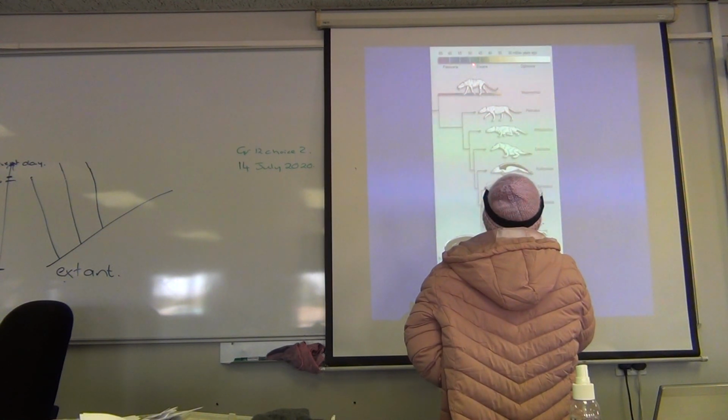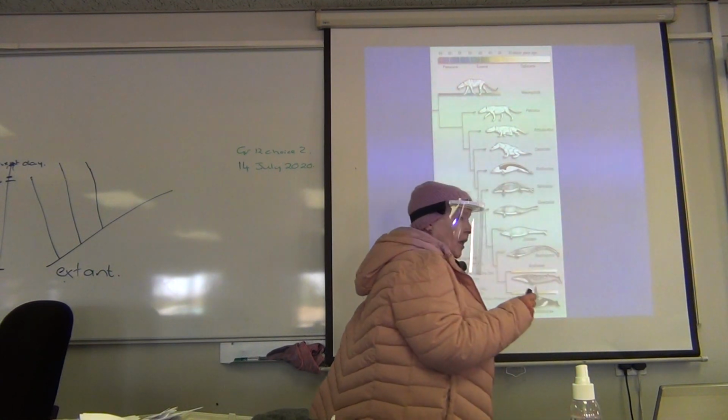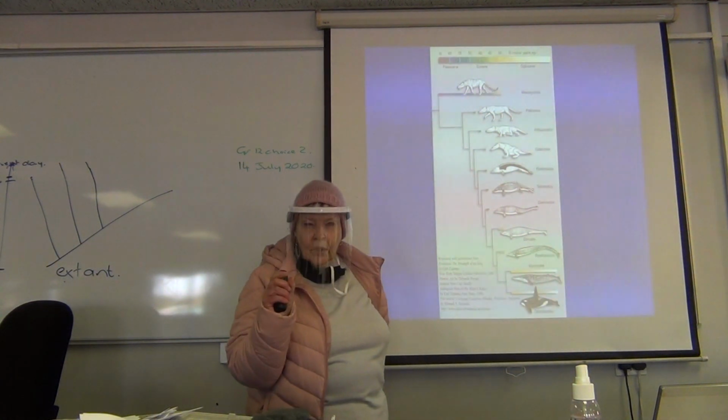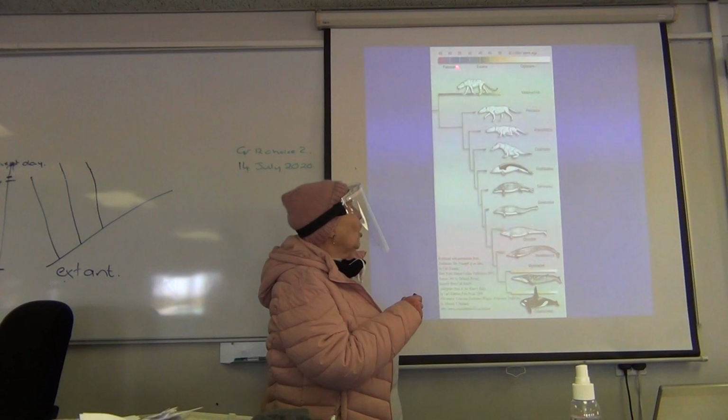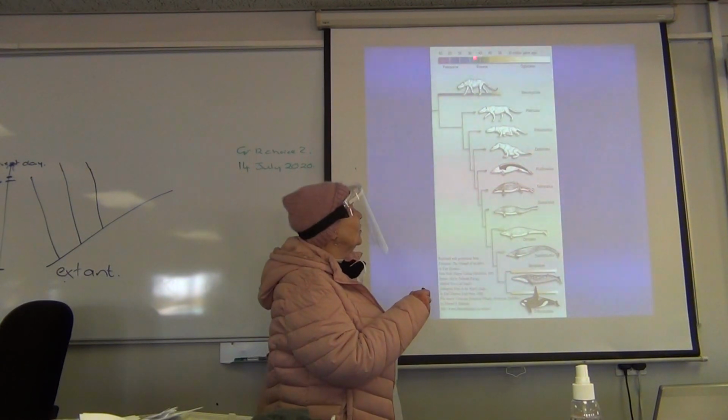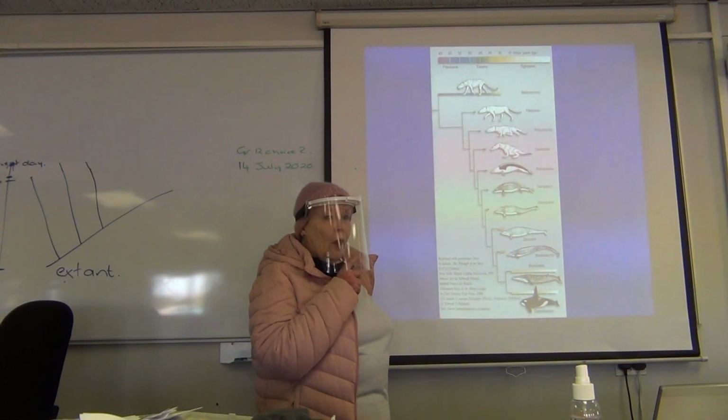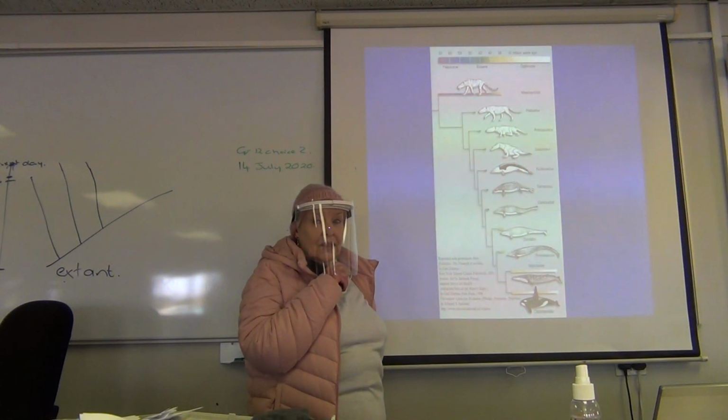So it would be approximately, and you've got to be quite accurate with it, 48 million years ago. You realize it's not going to be 50 million years ago, because it's on this side of 50. Does that make sense, guys?